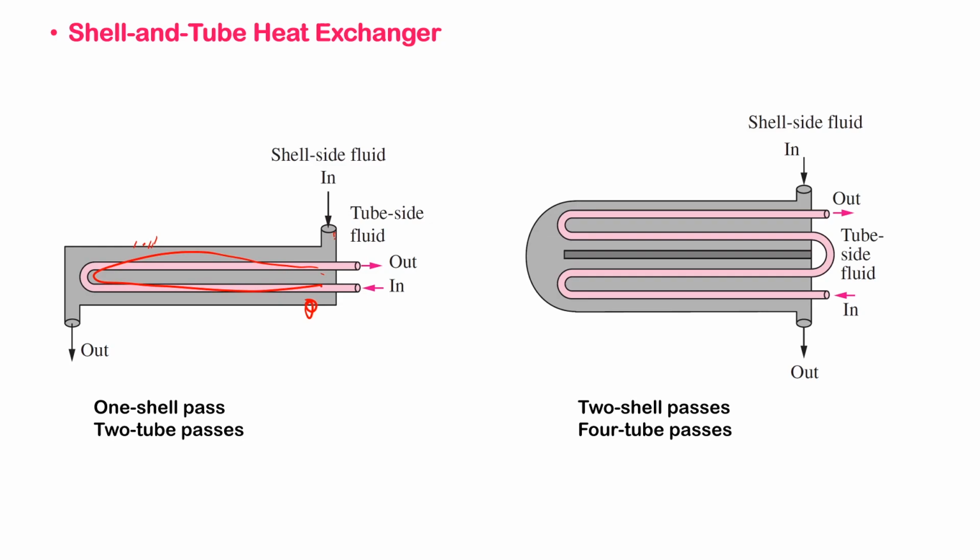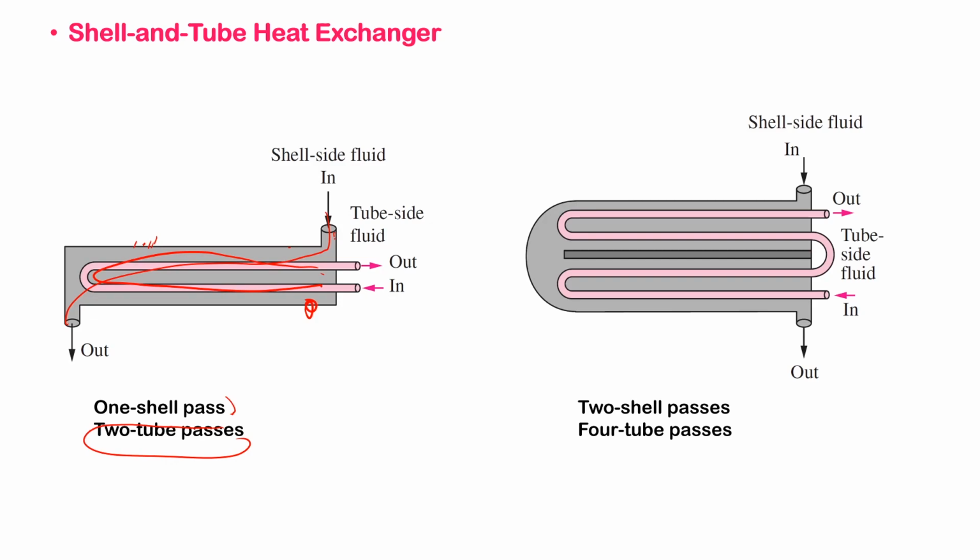So we count the number of passes by the tube and the number of shells. We have one shell pass, and the fluid in the tubes is doing two tube passes.